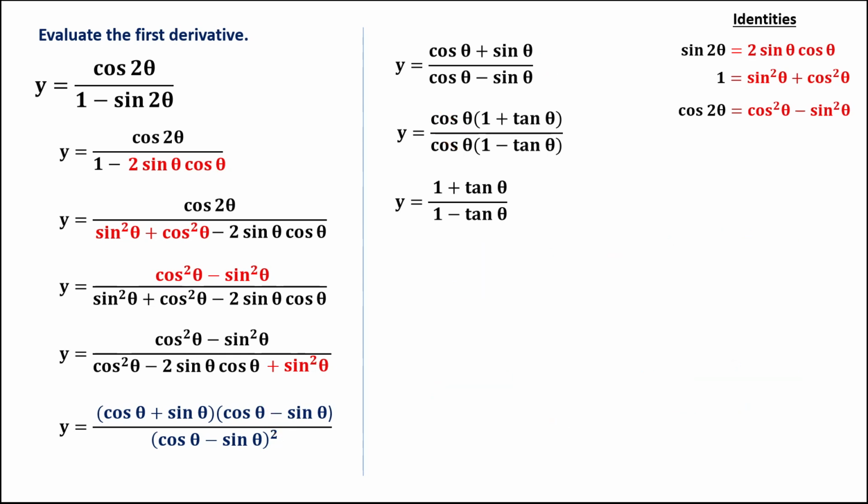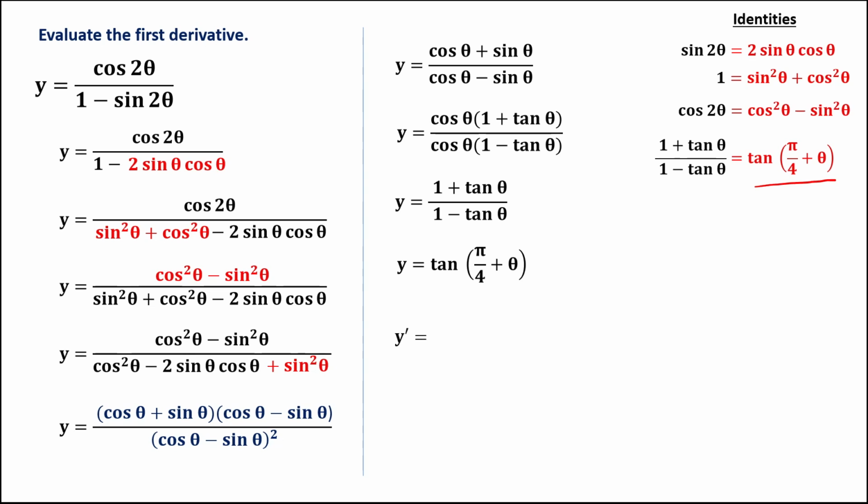Then from this, we can use this identity: 1 plus tangent θ over 1 minus tangent θ is equal to tangent of π over 4 plus θ. So the given becomes y equals tangent of π over 4 plus θ.